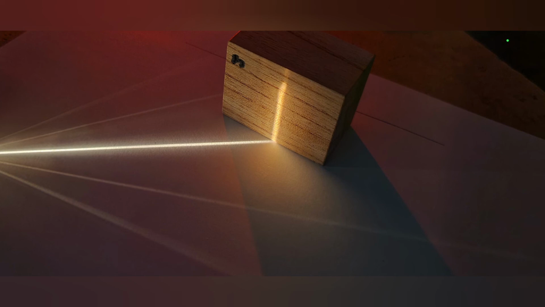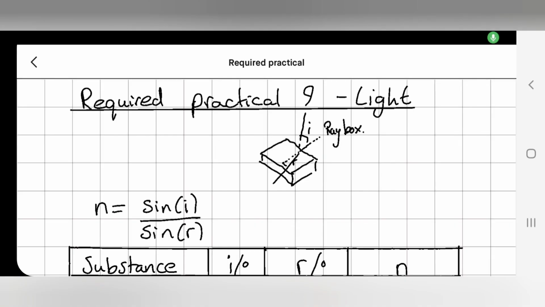So here you can see a long exposure photograph showing that the ray of light has not been reflected in an organised way, but is instead the light has been scattered in all directions from the surface of the wood. This is called a diffuse reflection, and it is by this mechanism that we can see most objects in the room around us. If you would like a copy of the data, take your screenshots now.